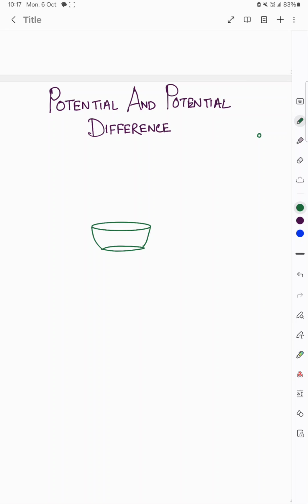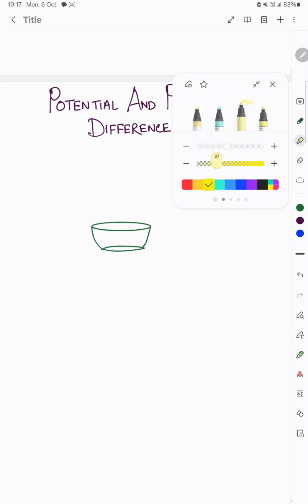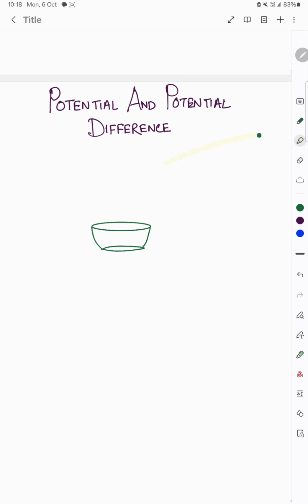Okay, so I have to bring this test charge from infinity to this particular point. So I have to do some work naturally.